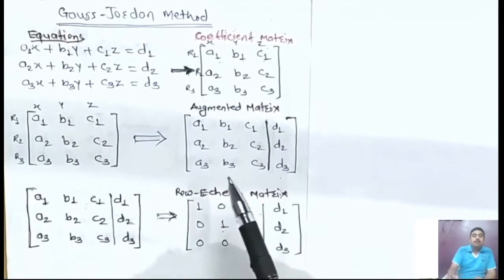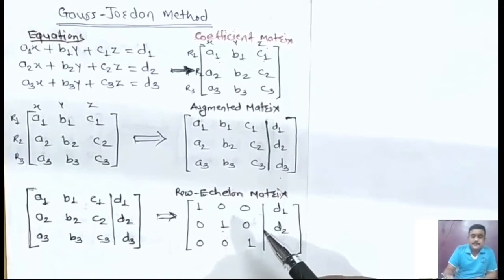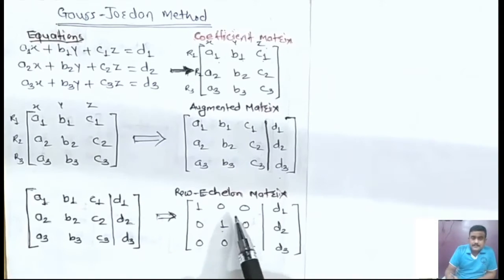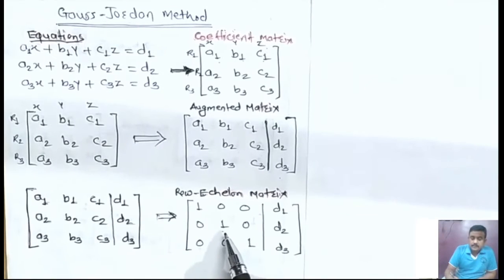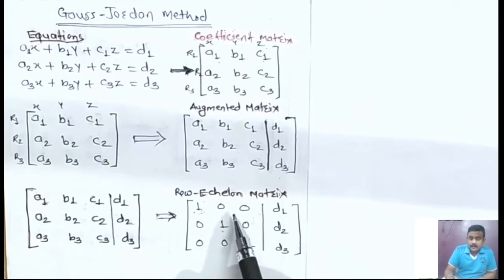Now we have to convert this augmented matrix into a row echelon matrix. A row echelon matrix is a matrix in which there is a one at the leading position, and in the next row there will be a one to the right of the previous row's one. In the first row, first column position there will be a one, and the remaining values below that one will be 0.